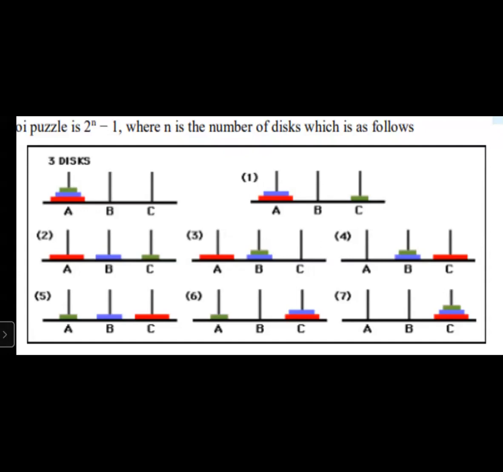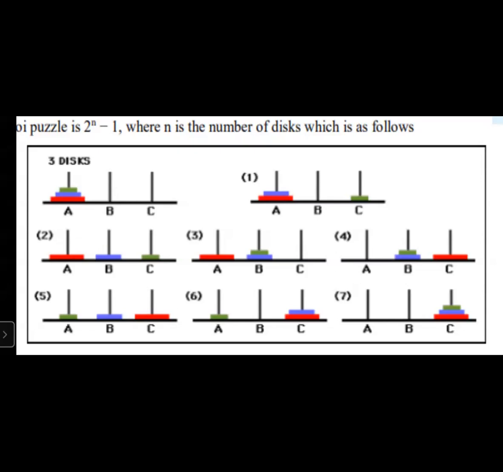Okay, next one. Now I'm picking up the green disk and moving it to rod A. Next, I'm moving the disk that is there on rod B and placing it on rod C. That means already one disk is there on rod C, and I'm just keeping it on the red color disk.